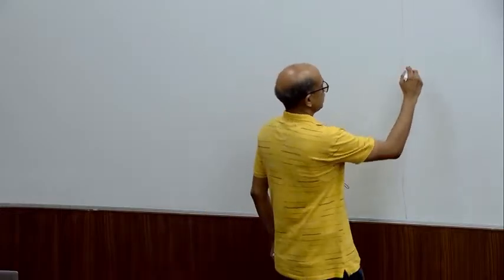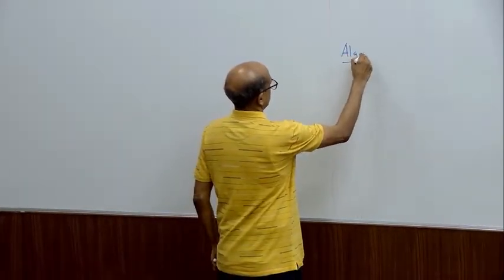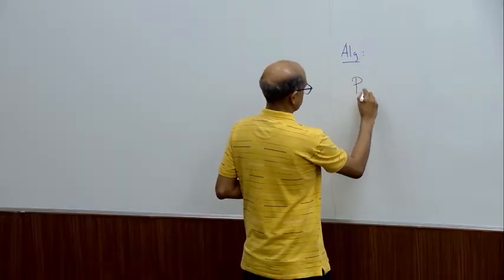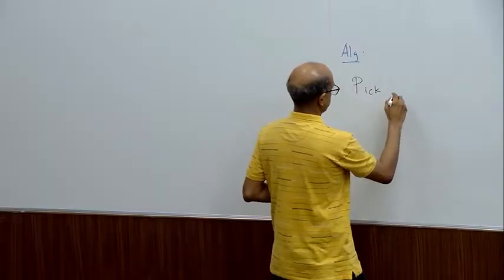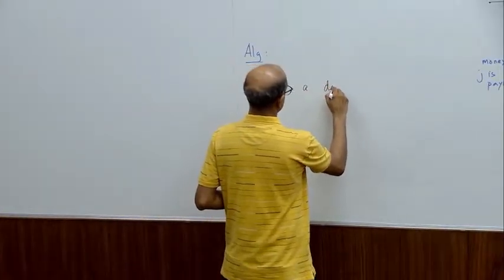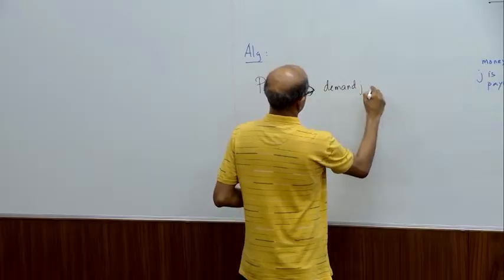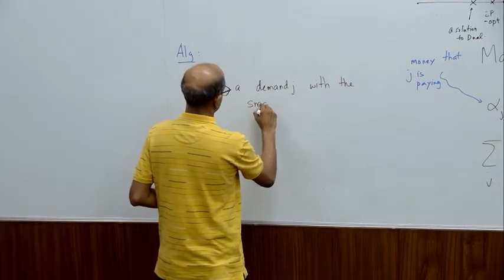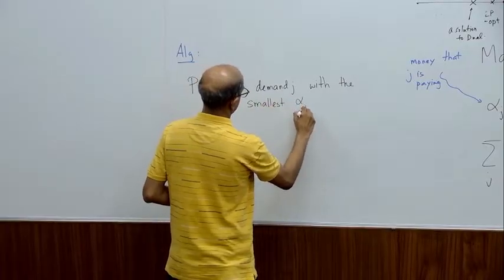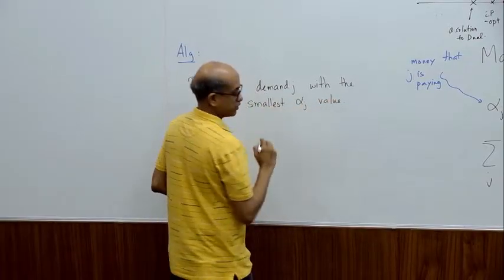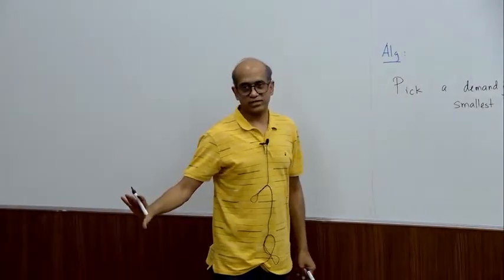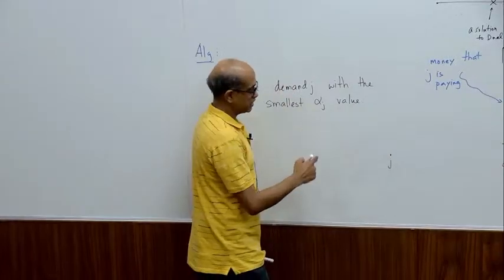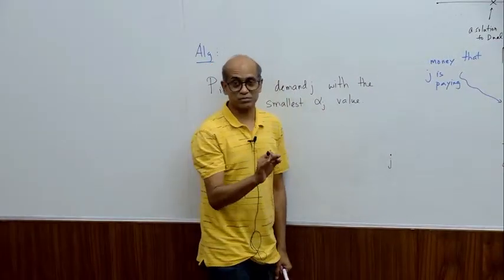All right. So now the algorithm is the following. Exactly the same as before. The only change will be the choice of j. So pick a demand j with the smallest alpha j value. This is the only change in the algorithm. Everything else remains the same. So pick a demand j for which this alpha j, the money it's paying, is the smallest.